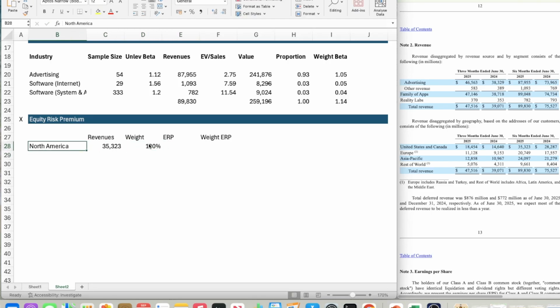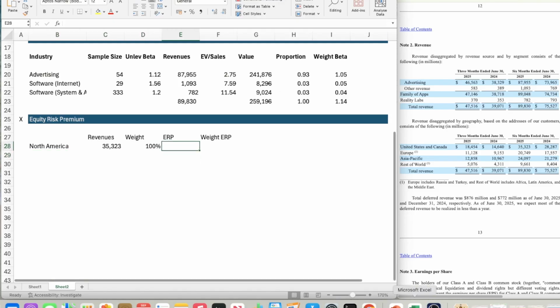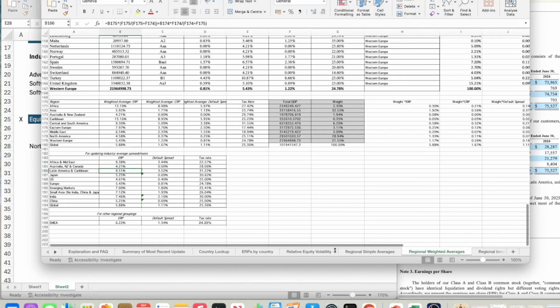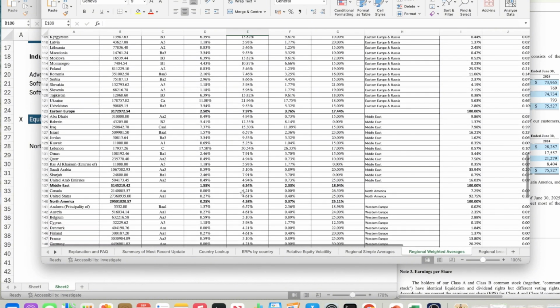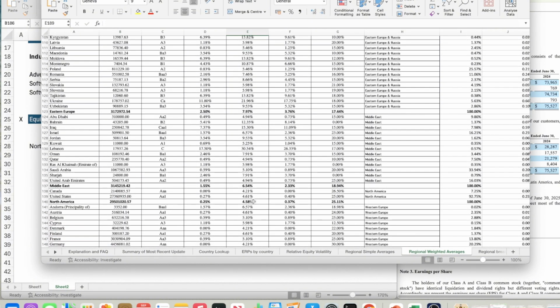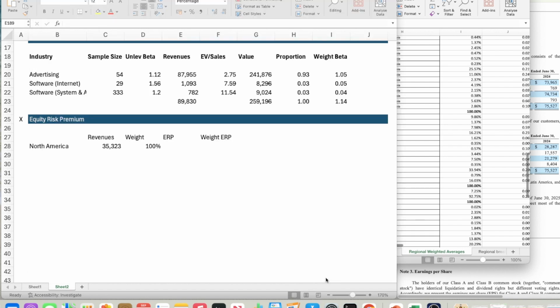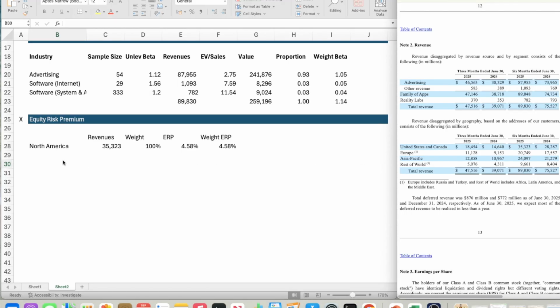And the ERP, what did we say it is for North America? 4.58%. There we go. Then the next region we're going to do is Europe.